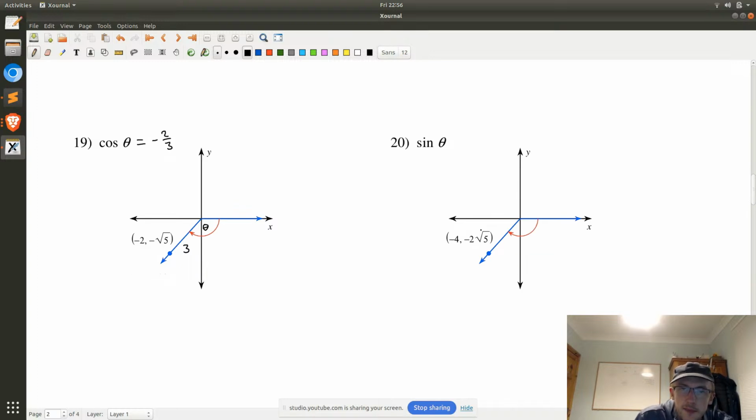Sine of theta. Okay, hypotenuse 16 for that one. Square that. Okay. 4 times 5, that's 20. 20 and 16, that's 36. And then 36 square rooted is 6. So, -4 over 6, so -2/3, I believe.